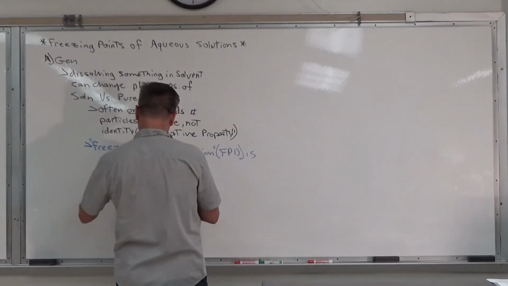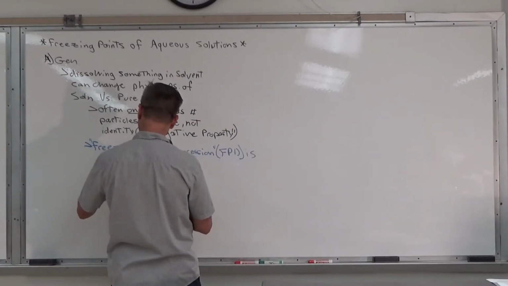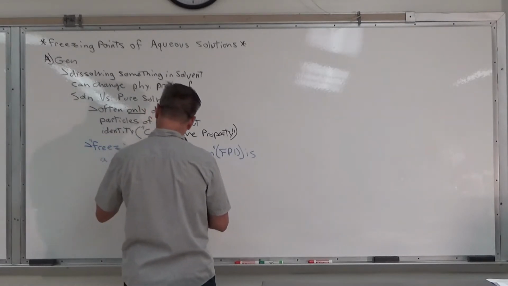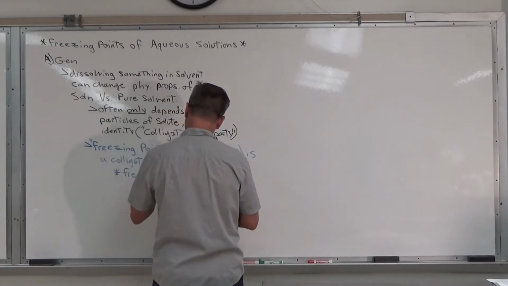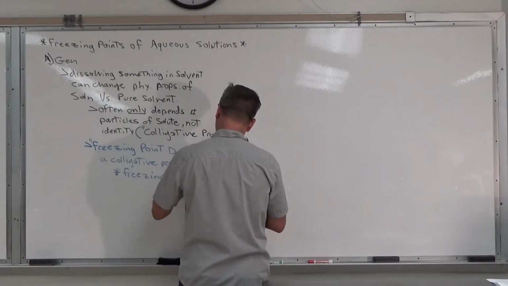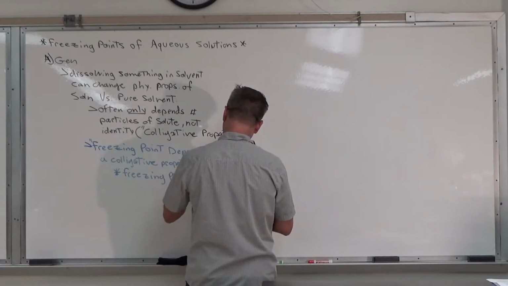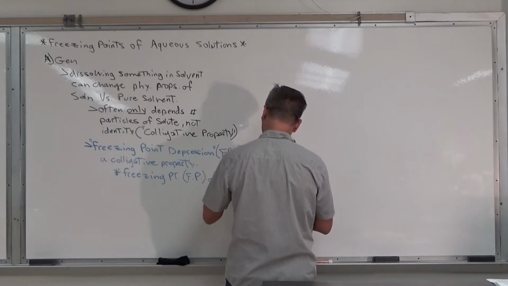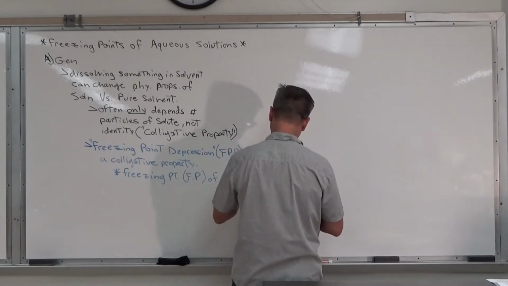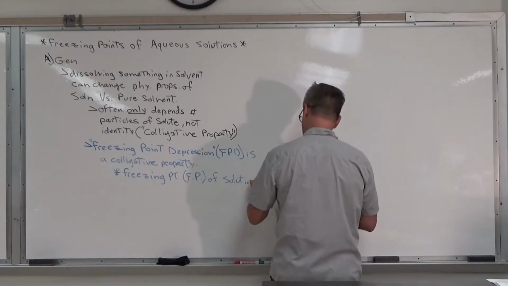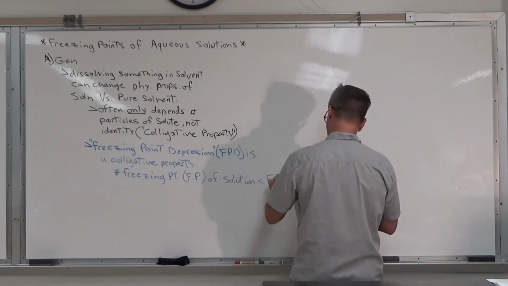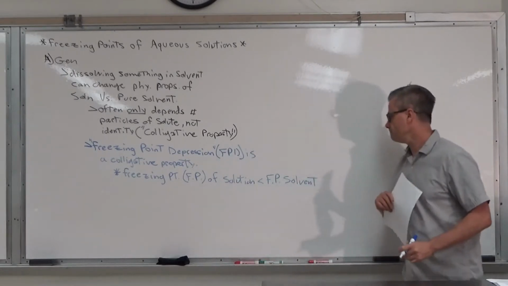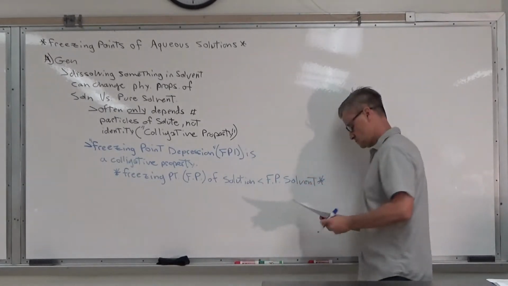And it's defined as the freezing point, we'll abbreviate that as FP from now on, of a solution. Remember, a solution implies something is dissolved in it, is less than the freezing point of the solvent.